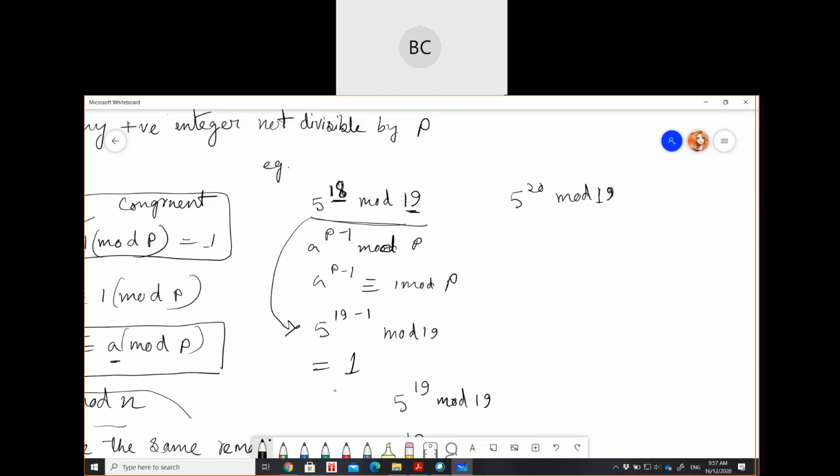So what can we do for this case? I can write 5^19 into 5, then mod 19.